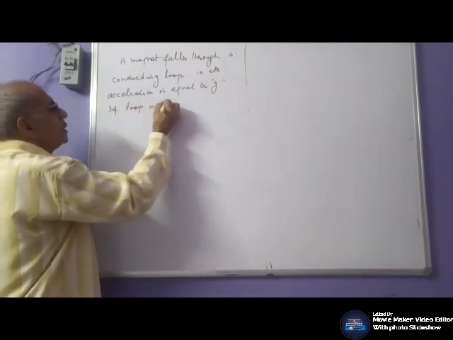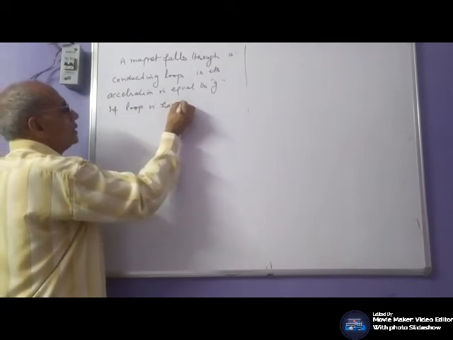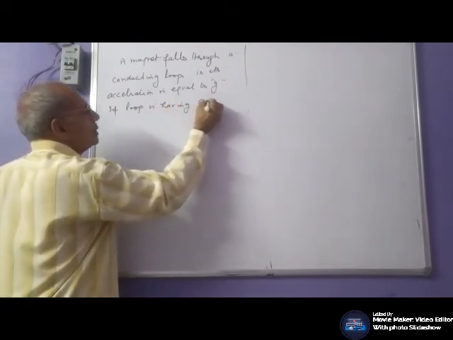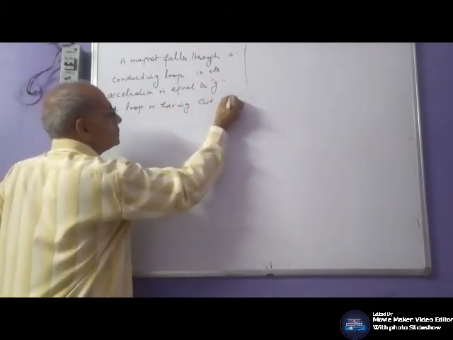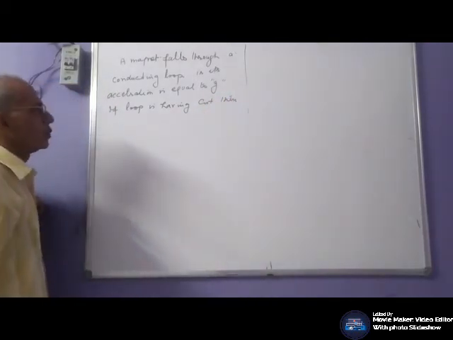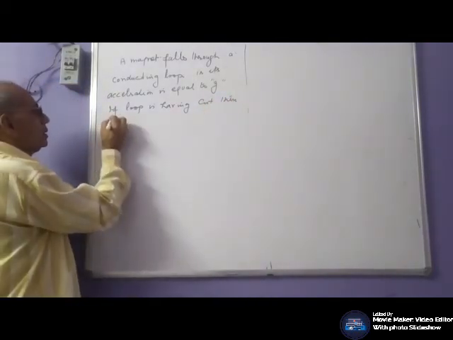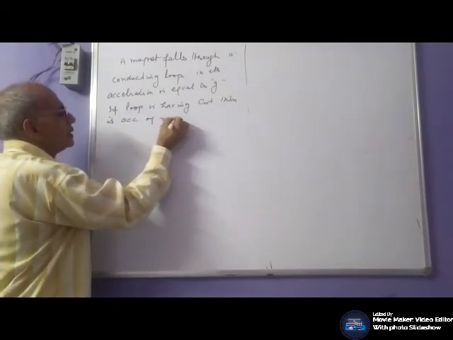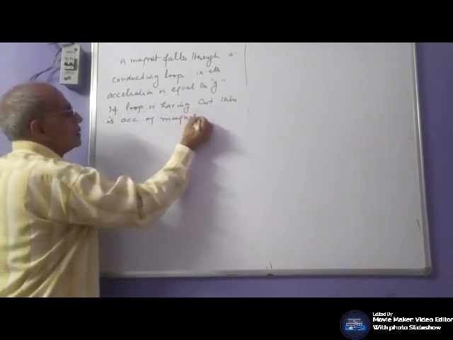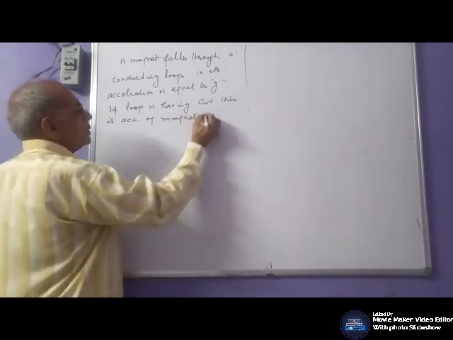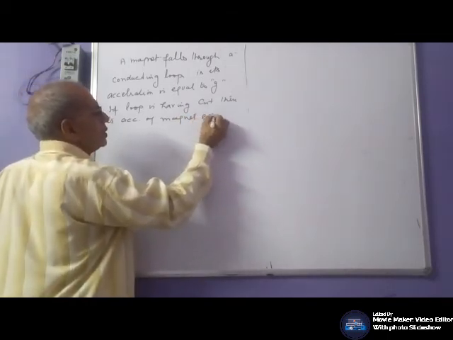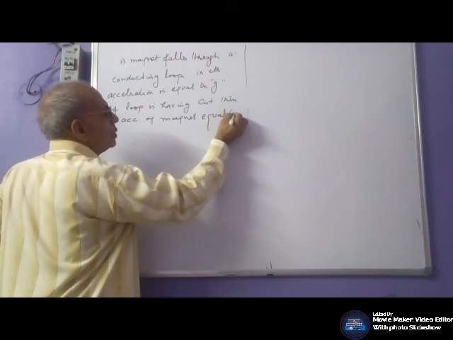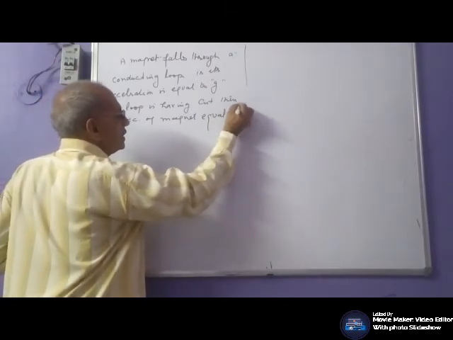If loop is having a cut, then is acceleration of magnet equal to g?